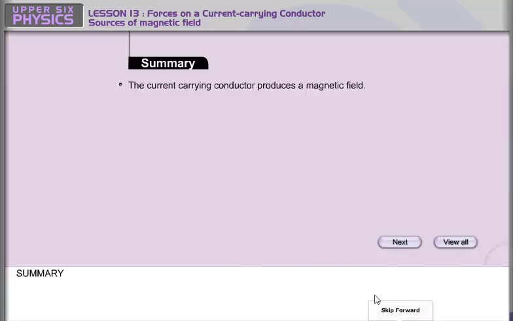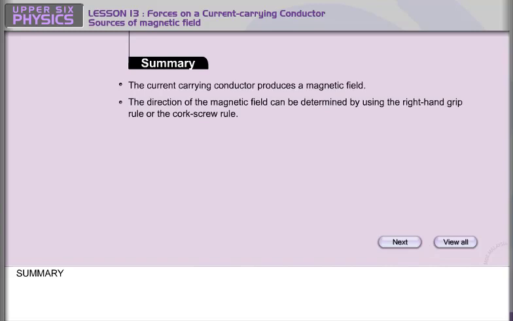Summary. The current carrying conductor produces a magnetic field. The direction of the magnetic field can be determined by using the right-hand grip rule or the corkscrew rule. For a straight conductor, B equals mu naught I over 2 pi a.